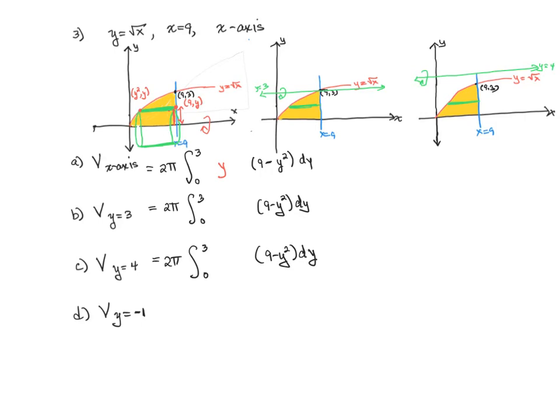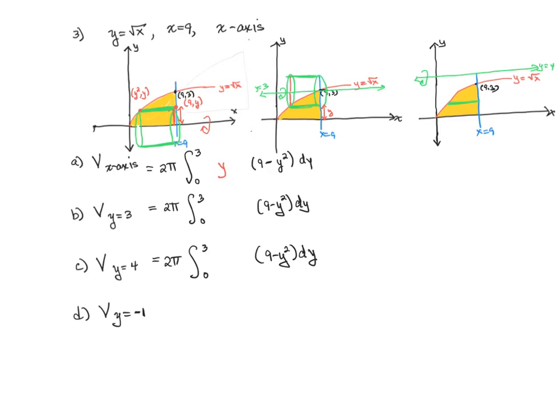When y equals 3, we're rotating the horizontal rectangle about the line above. So the radius of the shell is here, or this. We know that this distance is always y. The distance from the x-axis to the rectangle is always y.